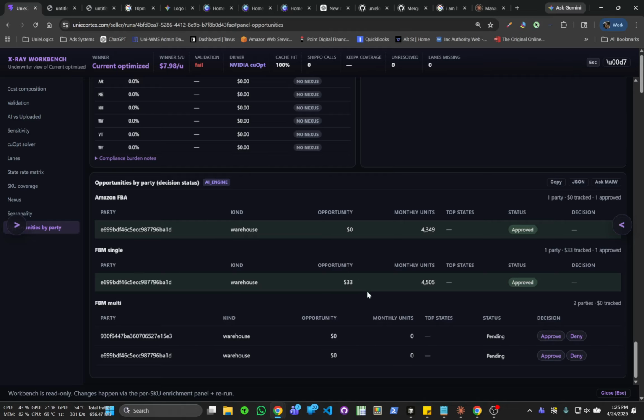Now, when it comes to the seller optimization, when we create a plan, we're essentially saying to the e-commerce seller, hey, this is a better way of handling your business. And when they opt in to that option and they approve it, whatever party is involved in that strategy, right?